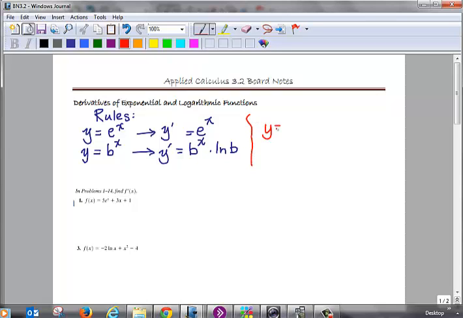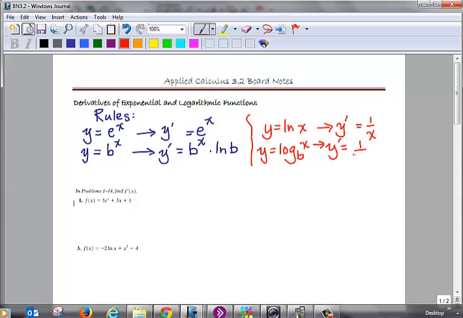Again, if I have a function y equals the natural log of x, then y prime is 1 over x. And the derivation of that is in the course notes, so take a look at that. If you have a log function that is any base but e, like base b here, then its derivative will be similar.